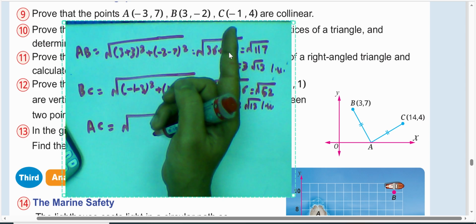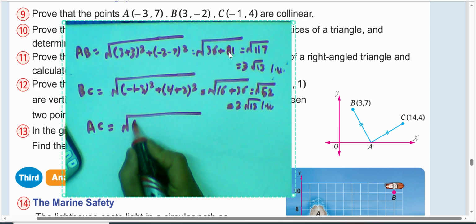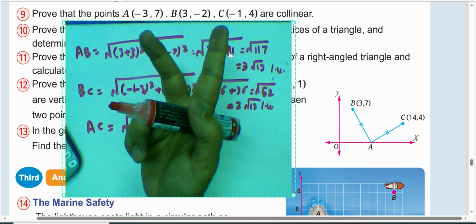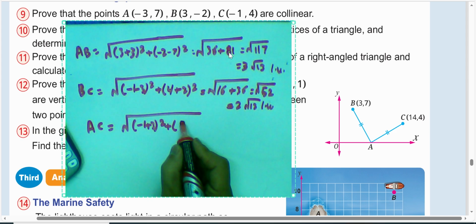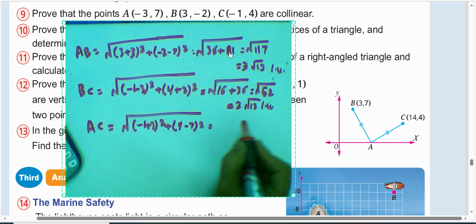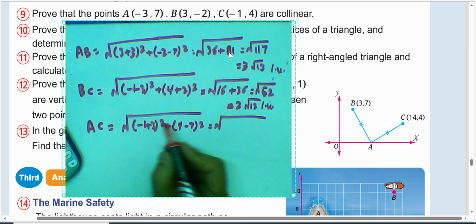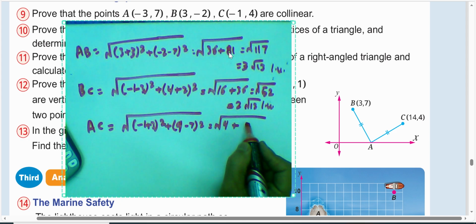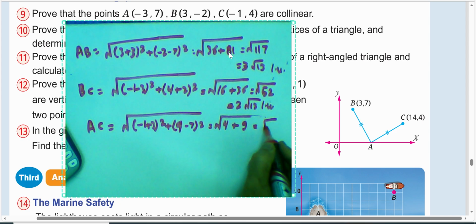A and C, we have -1 minus -3, it will be -1 plus 3, exchange the sign. And here we have 4 minus 7, all to the power 2. -1 plus 3 is 2, 2 squared is 4. And 4 minus 7 is -3, squared is 9. The result will be the square root of 13.